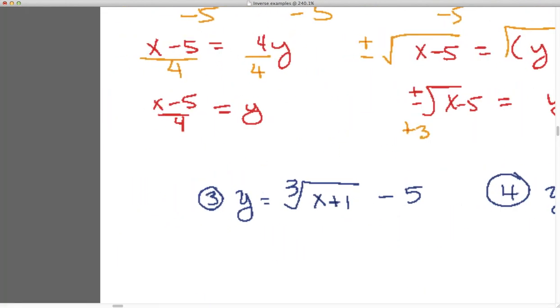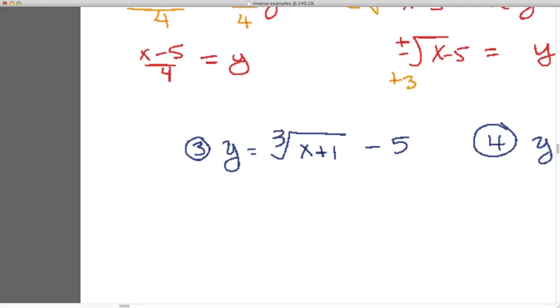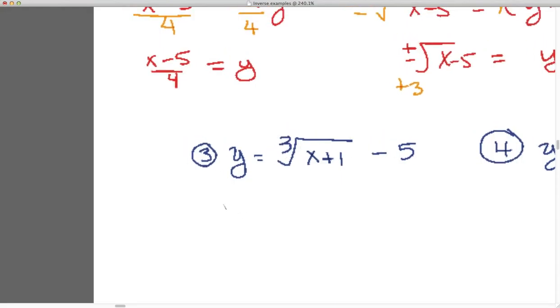Here we have a cube root function. Well, how do we do that? We'll start out the same way. Switch x and y. And then solve for y.